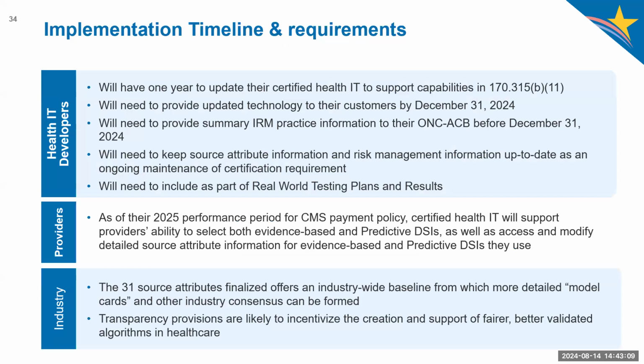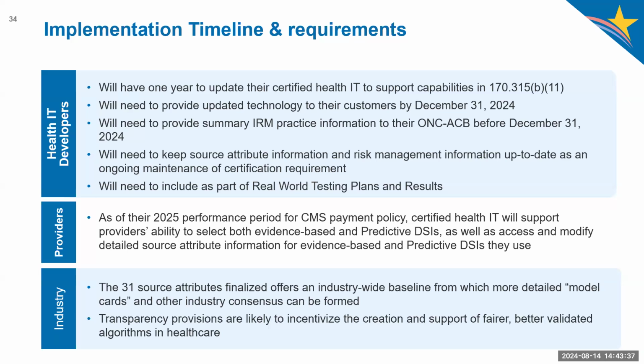This is our implementation timeline and requirements. Many of you have probably seen this before. Split up in about 3 sections. The top section is for health IT developers. You'll have a year to update your certified health IT to support the B11 capabilities. You'll need to provide updated technology to your customers by December 31st, 2024, this year.